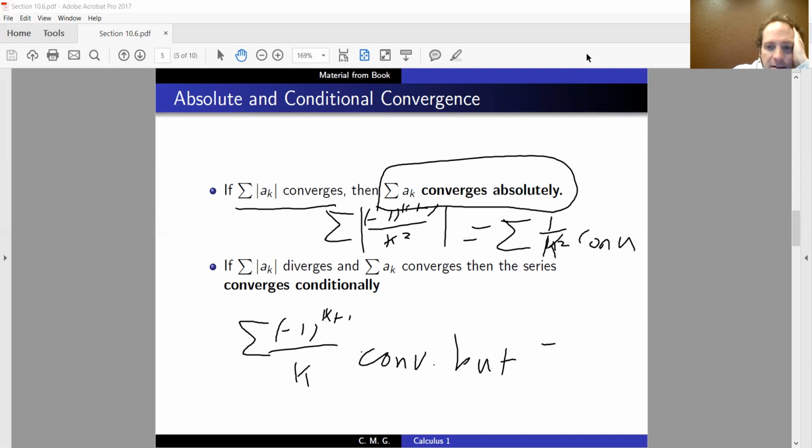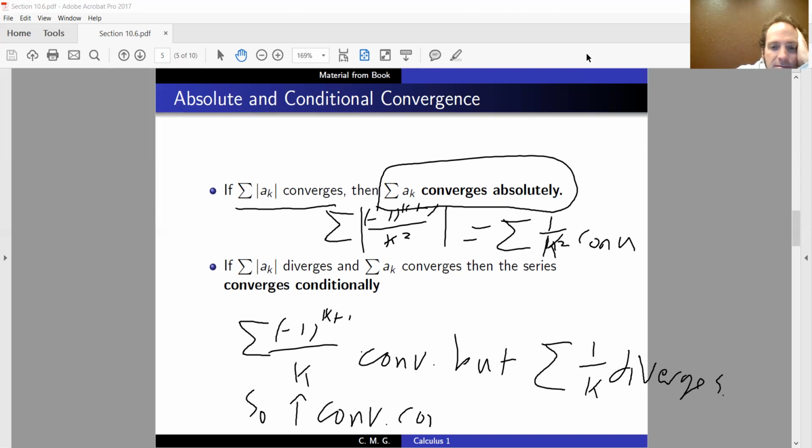But the sum of the absolute values of these terms is just the sum of 1 over k, and that diverges. So we say this series converges conditionally, because the absolute value of this thing does not converge, but the series itself does converge. Okay.